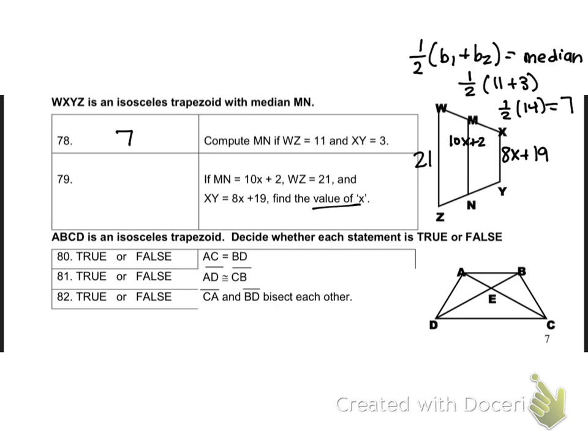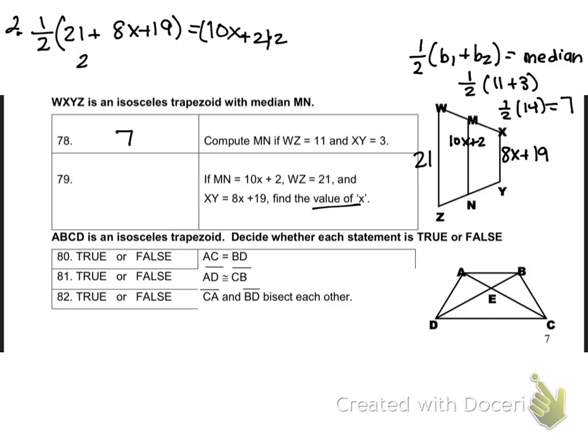So I'm still going to do 1/2 times my base 1. It doesn't matter which base you put first, but 21 plus 8x plus 19 is equal to my median, which is 10x plus 2. Okay, so what I'm going to do first is multiply each side by 2 to get rid of my fraction.